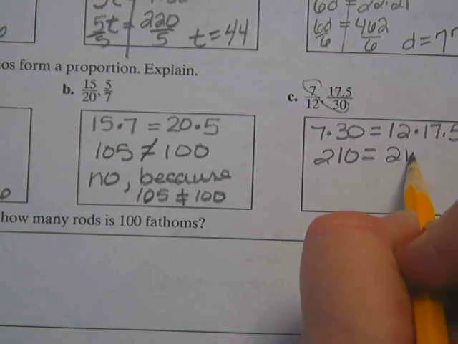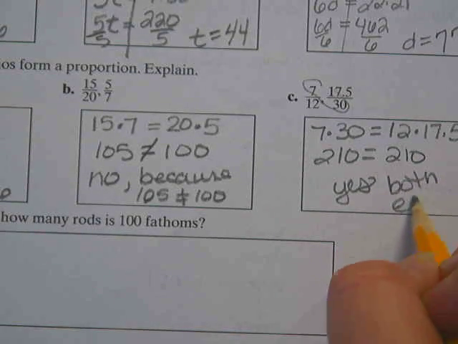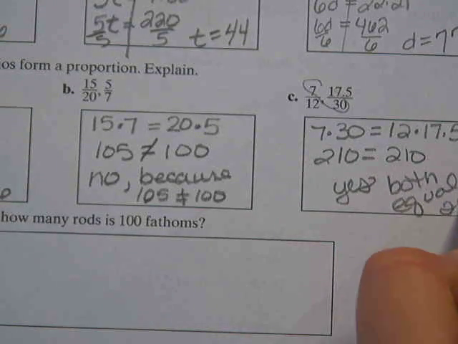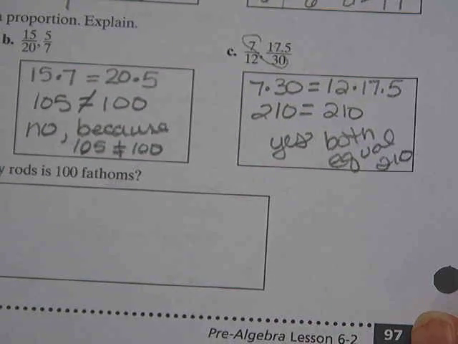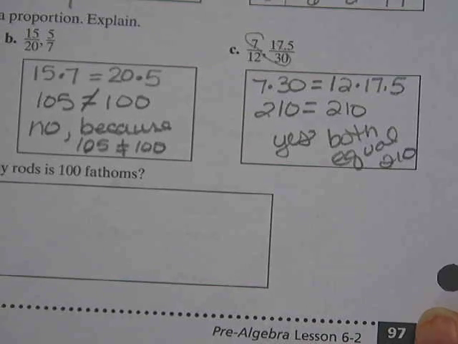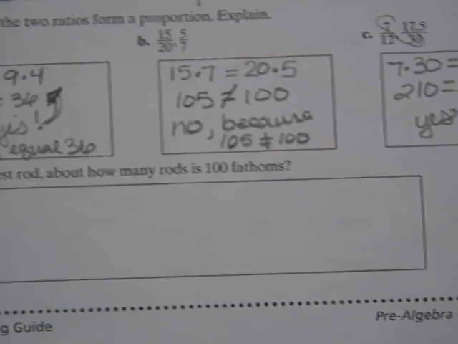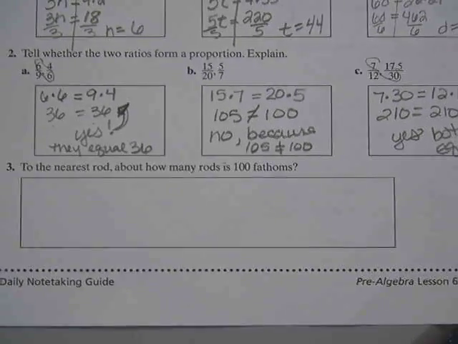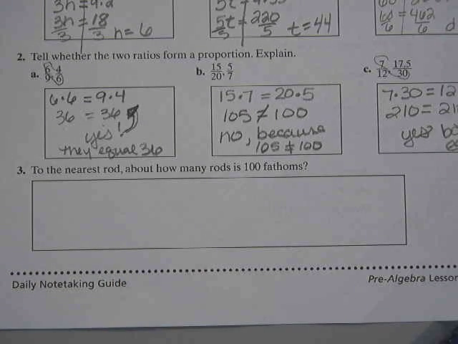Okay, cross products here. 7 times 30 has to equal 12 times 17.5. Well, what is 7 times 30? 210, good. 12 times 17.5 is 210. Yes, because they both equal 210.